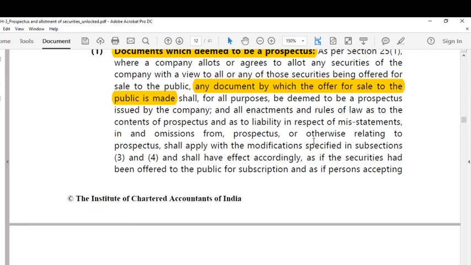Not only that, whatever the liability attached in case of a misstatement or omission in the prospectus, the same liability will be extended if there is any misstatement or omission in case of a deemed prospectus.